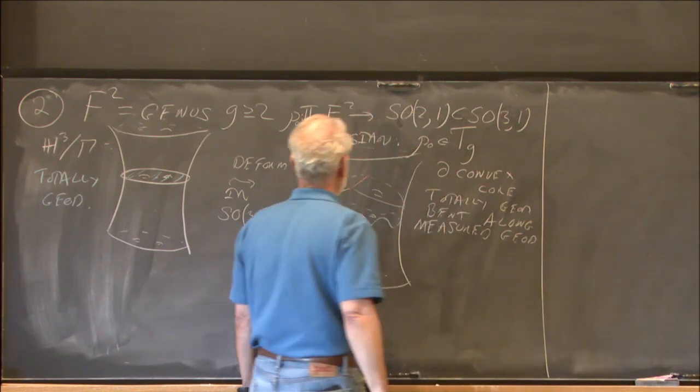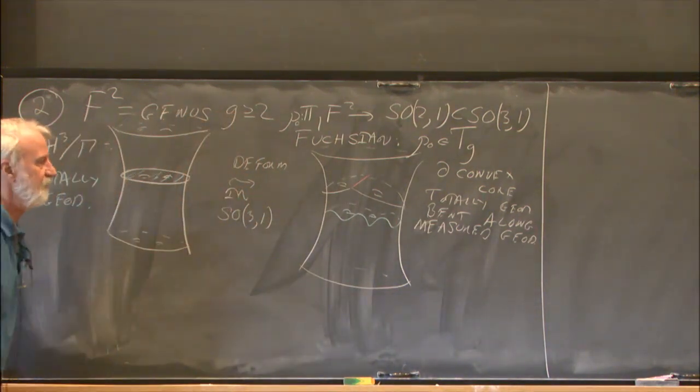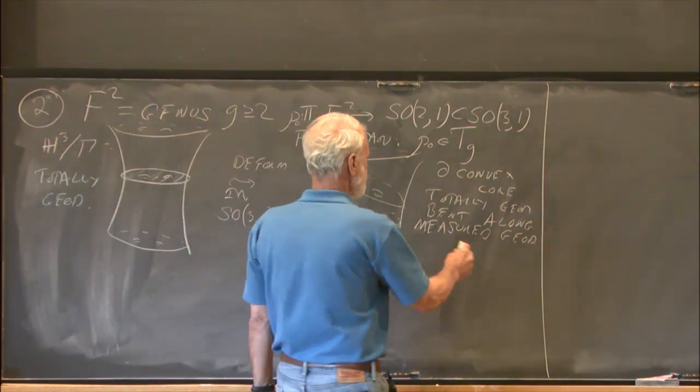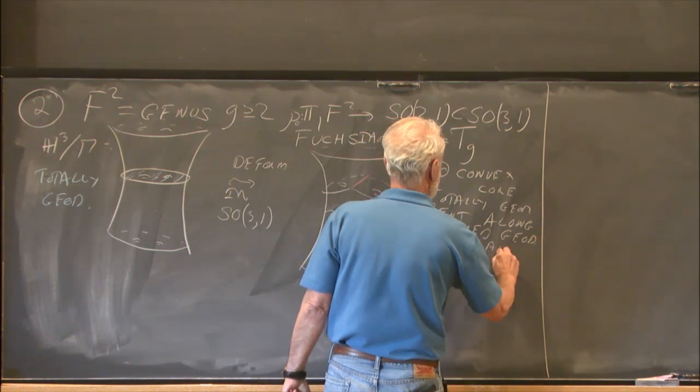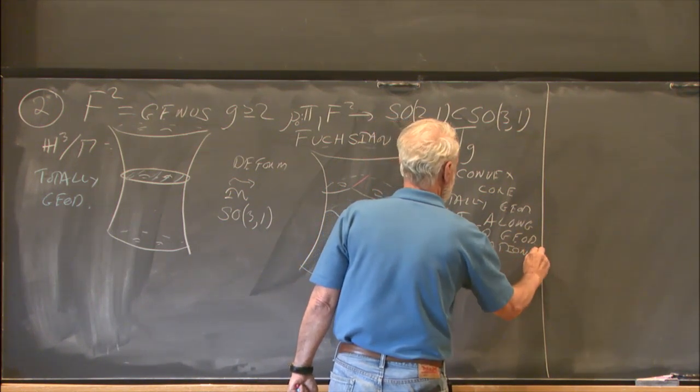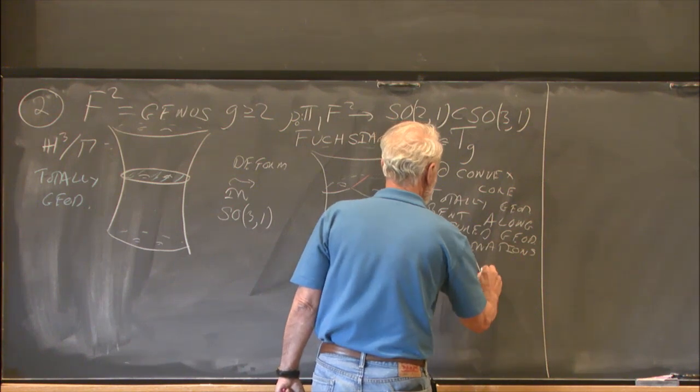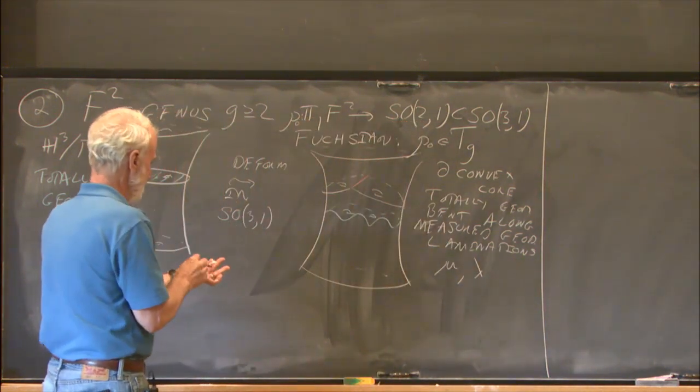If you're not familiar with geodesic laminations, you can just think of simple closed curves. So there's one on the top, which I'll denote by mu, and one on the bottom, lambda.